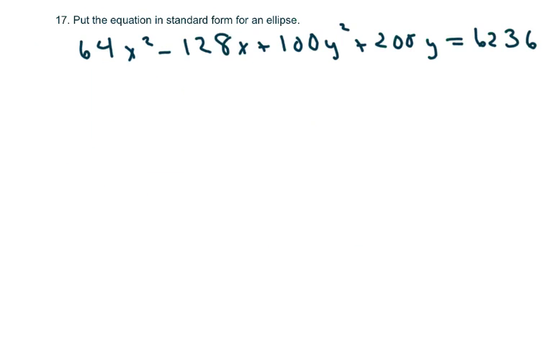So the next one is we have to put this equation in standard form for an ellipse. Now, this is basically completing the square. So what I'm going to do is group my x's and y's together. You should know what the standard form of an equation of an ellipse is. It's pretty much set up for me.